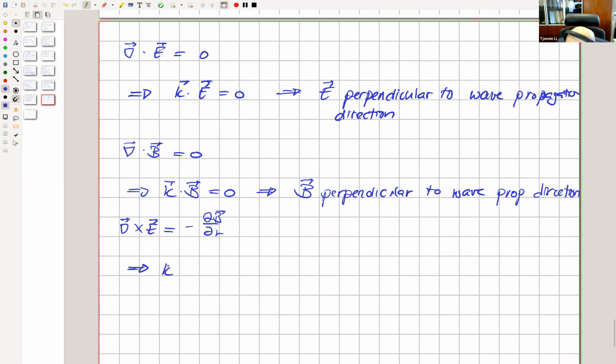I get that k cross E equals omega B. Okay. So already from here, you can see that B is perpendicular to k and perpendicular to E.